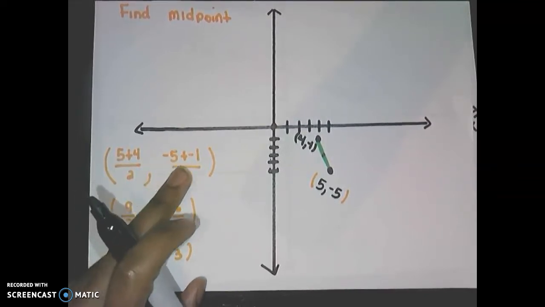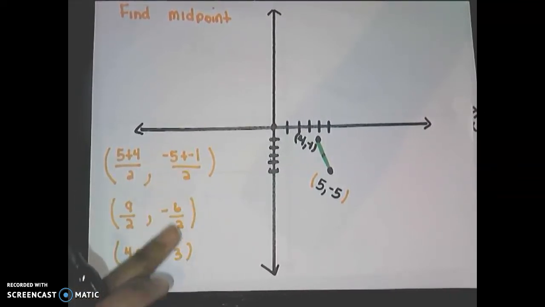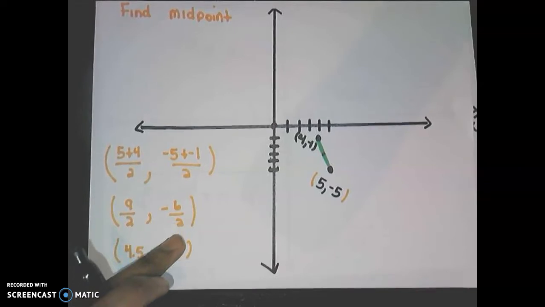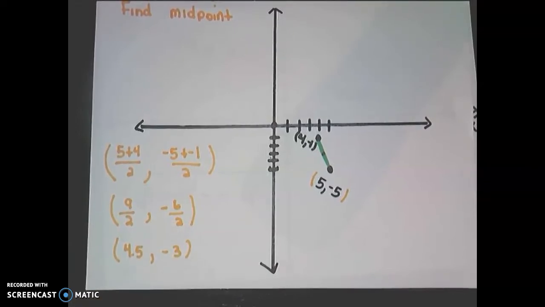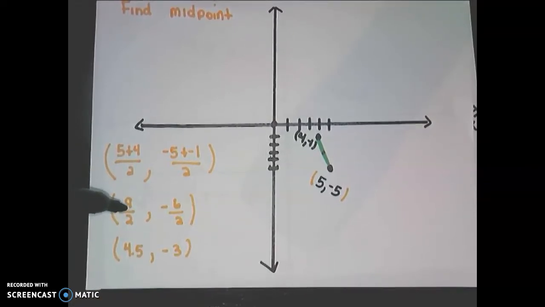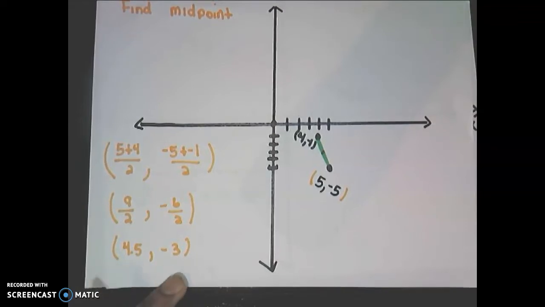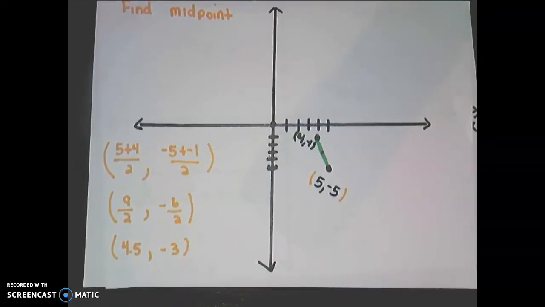And -5 plus -1 is going to be -6. So -6 divided by 2 is going to give us -3. And half of 9 is just 4.5. So the midpoint of this line segment is 4.5 for my x value and -3 for my y value.